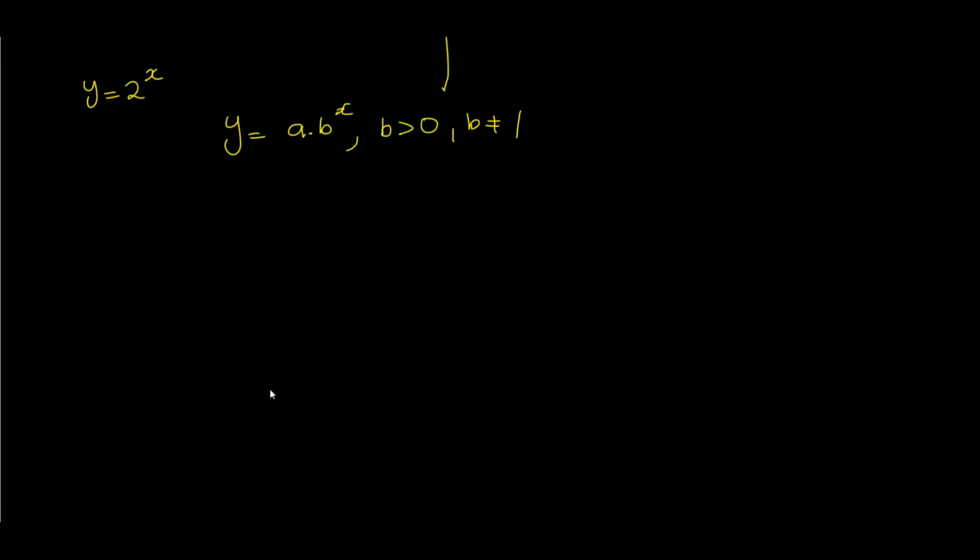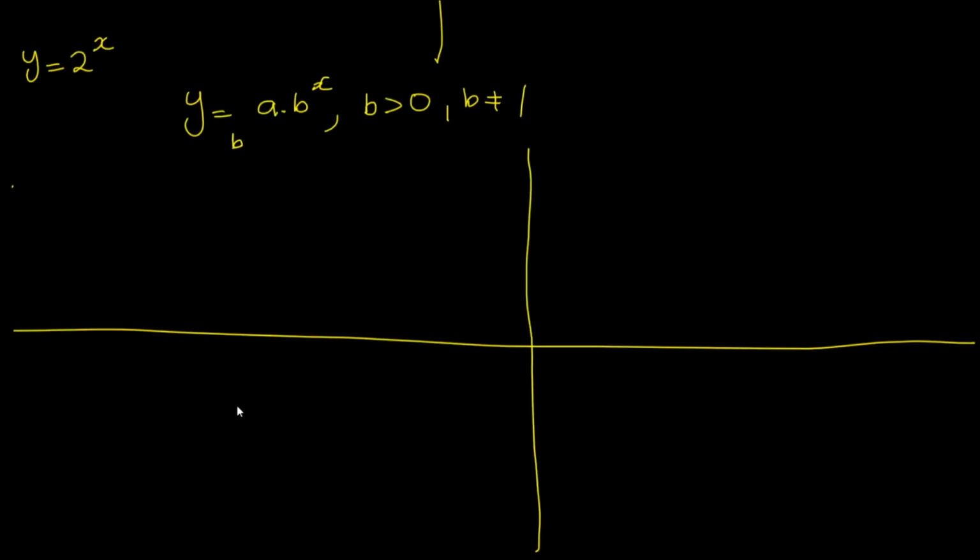I will show you a demonstration of how we come up with these restrictions when we talk about exponential functions. So let me do it like this. What happens when b is greater than 0 but less than 1? Because we have that restriction of 1. And then what happens when b is greater than 1?